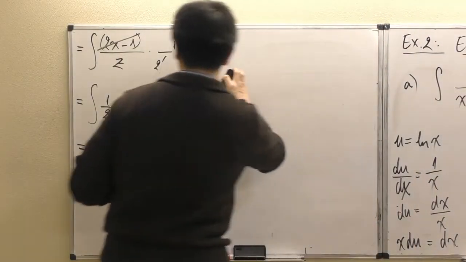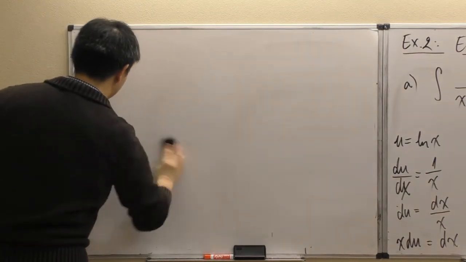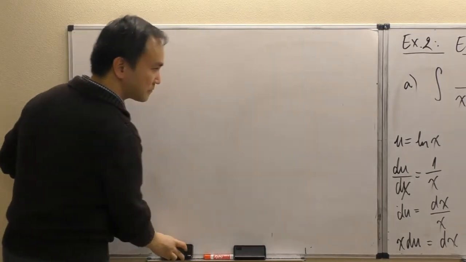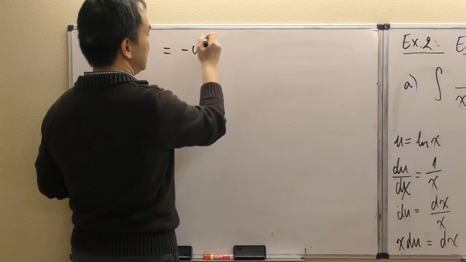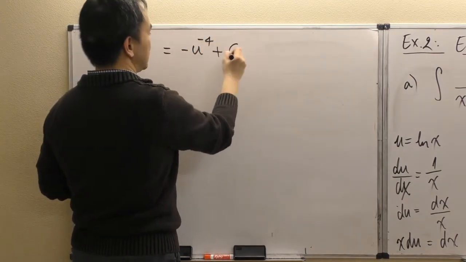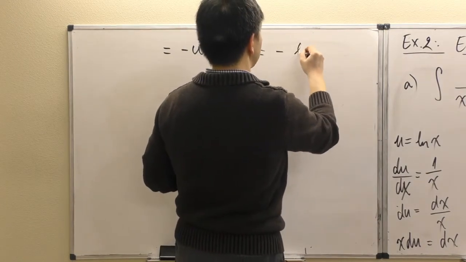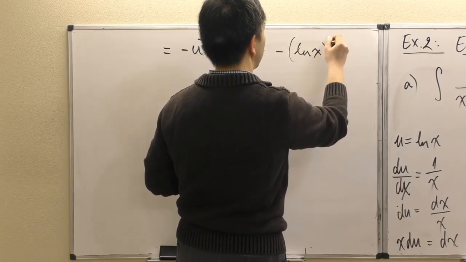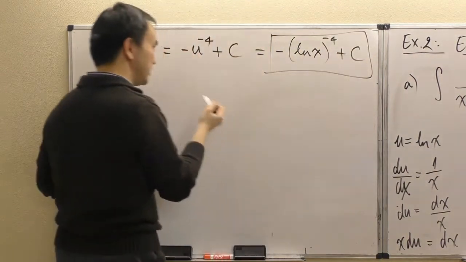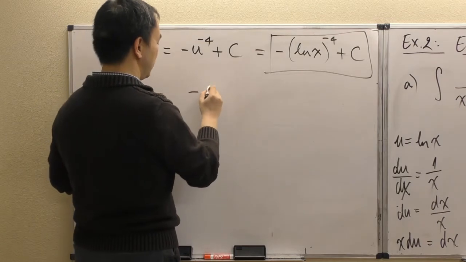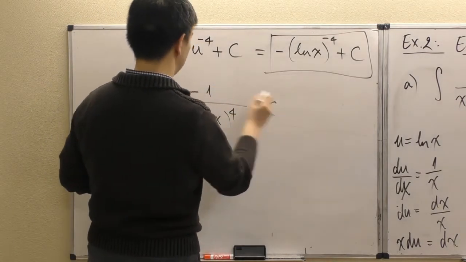So now my answer is going to be negative u to the negative 4 plus c, and that is the same as minus natural log of x to the negative 4 plus c. That's the answer. Or alternatively, you can rewrite it as negative 1 over natural log of x to the 4th power plus c. Two different ways.